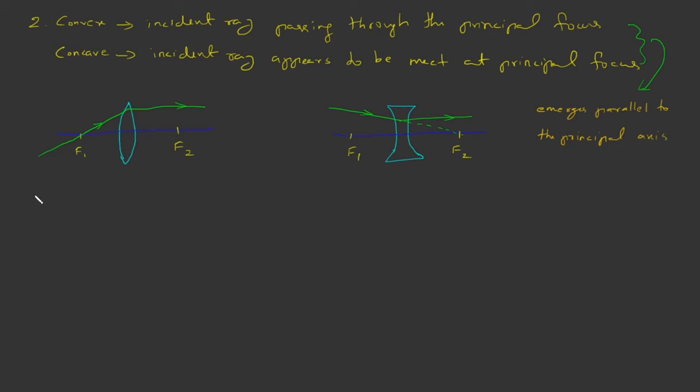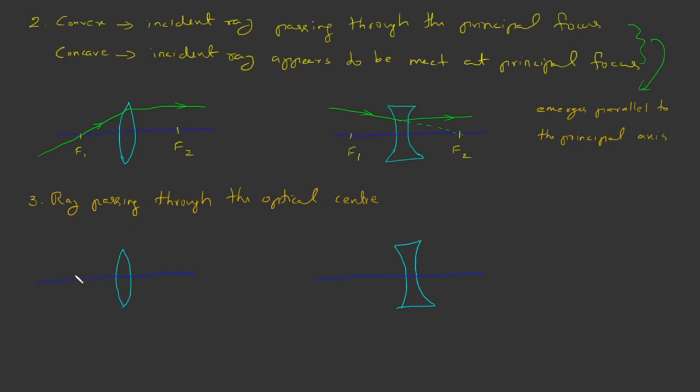The third ray we are going to consider here is a ray passing through the optical center. So for understanding it, we are going to consider two lenses again, that is convex and concave lenses. Let us draw the principal axis.